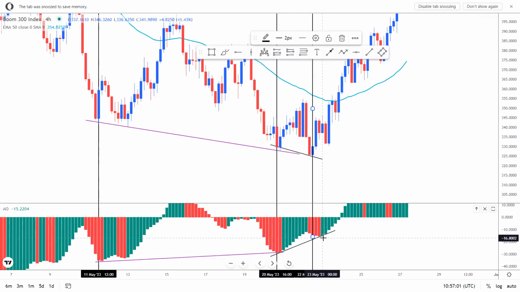Key. So we are having a divergence in a divergence. While we had the daily time frame bullish divergence, we're also clearly seeing a 4-hourly bullish divergence. Now, this further solidifies our trend reversal bias.